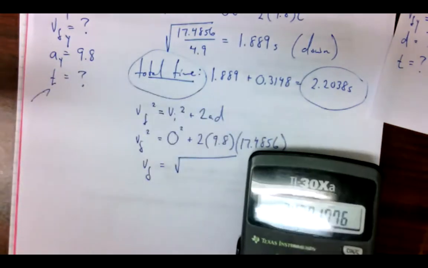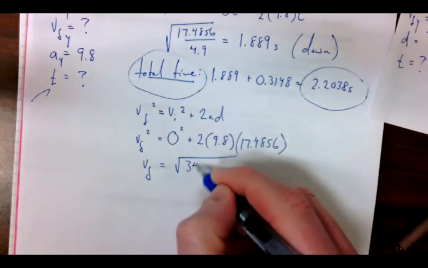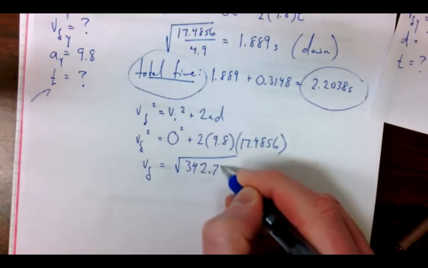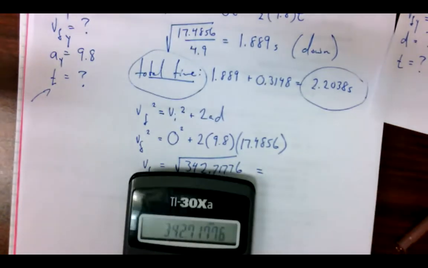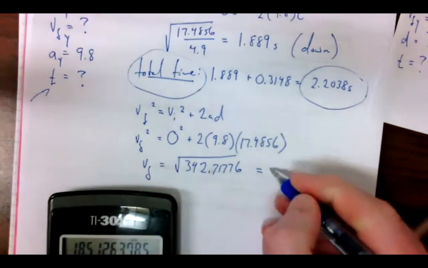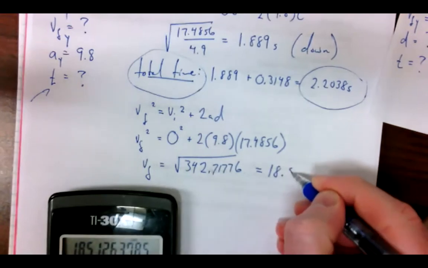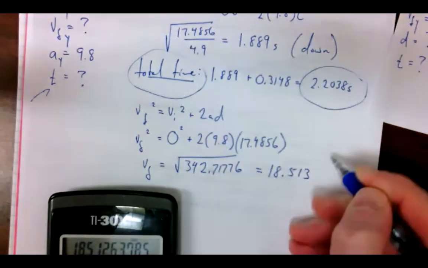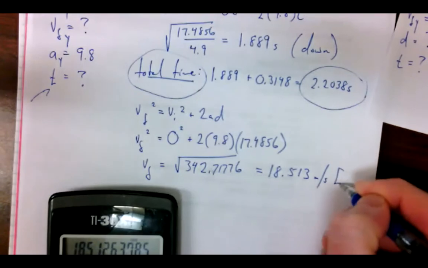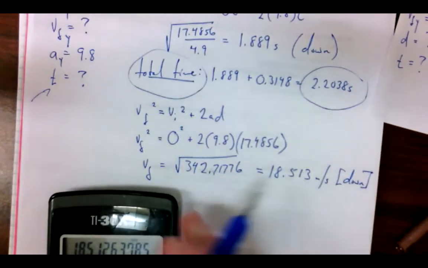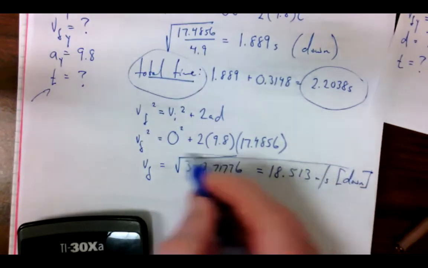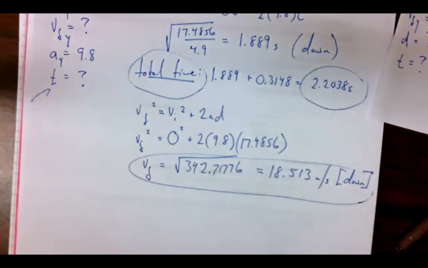So that's 342.717, whatever, equals 18.513 meters per second down. We will need this later, not right now, but we will need it later. This is the vertical component of our triangle.